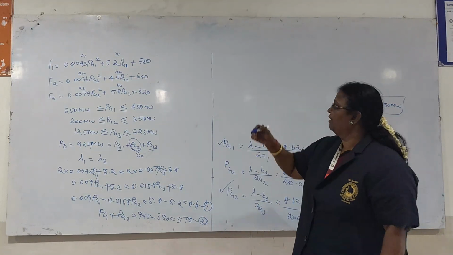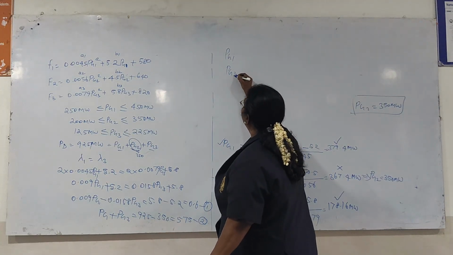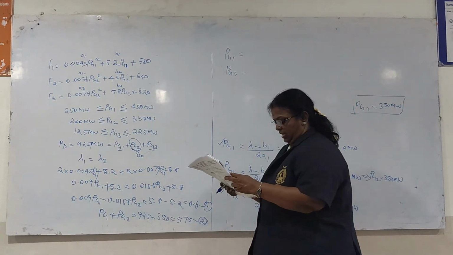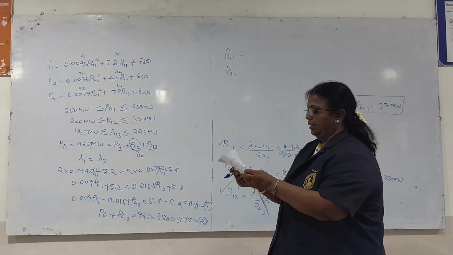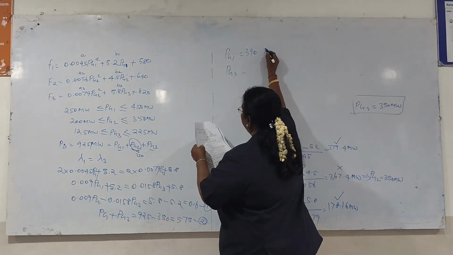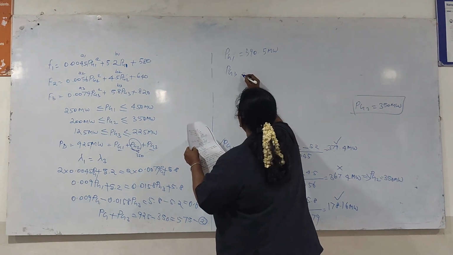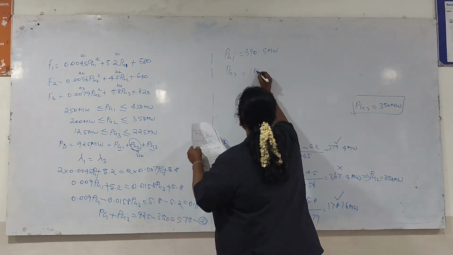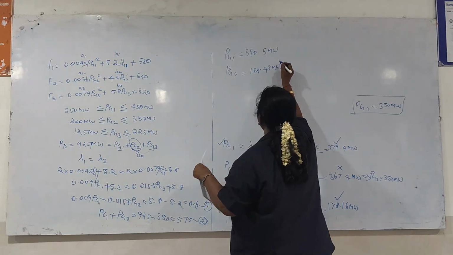Then we have to find out the values of PG1 and PG3. If you do so, you will get PG1 as 390.5 megawatt. Then PG3 is 184.48 megawatt.